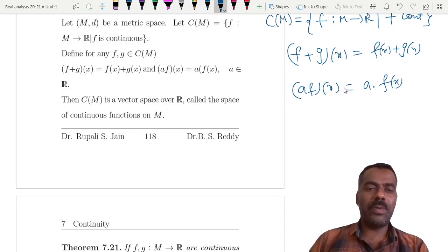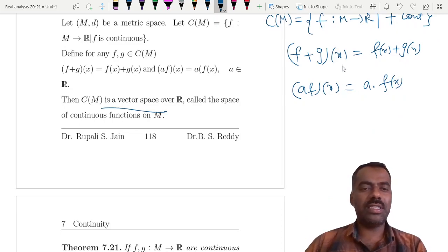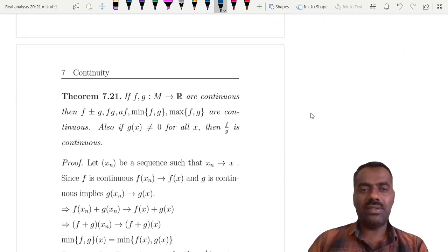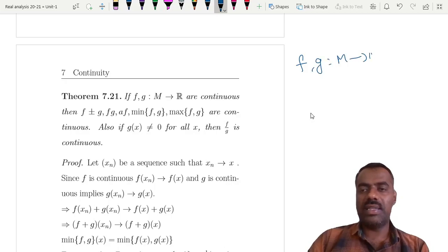With respect to these two operations, it becomes a vector space and it is called the space of continuous functions, right?